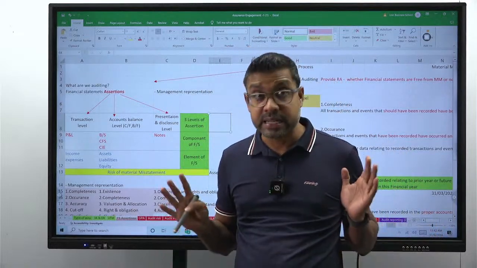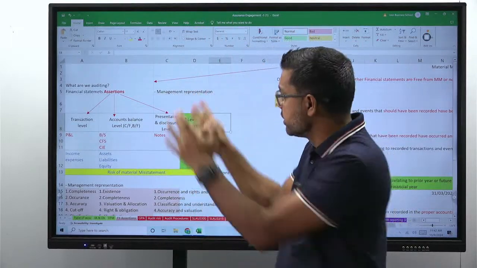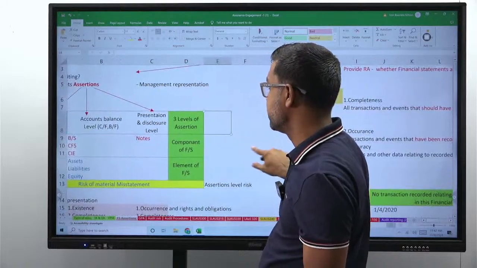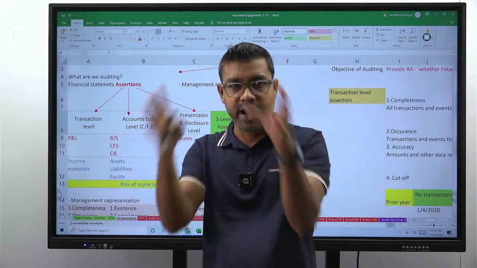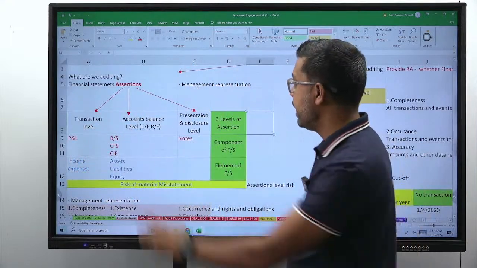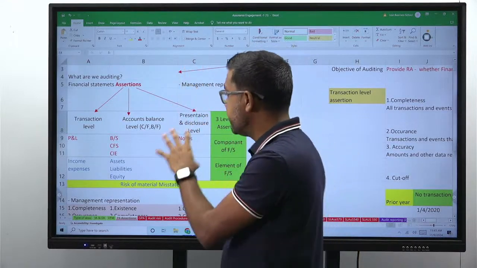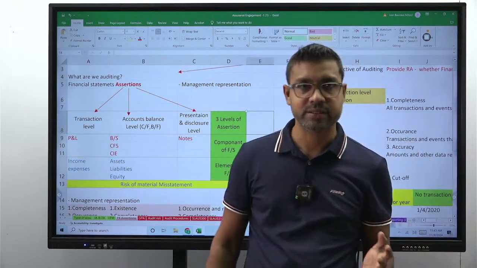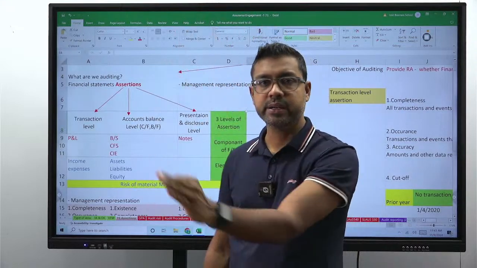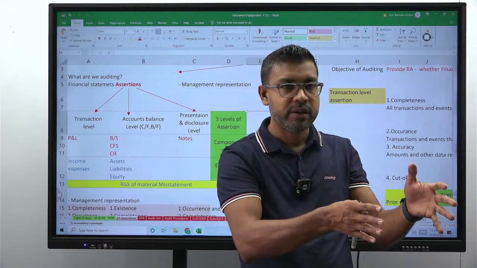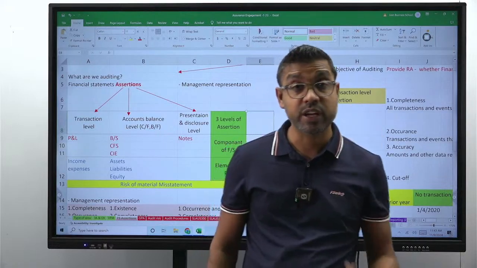Some assertions come under account balance level, and some other assertions we can classify under presentation and disclosure level. Assertion means management representation. That's what we are going to audit.